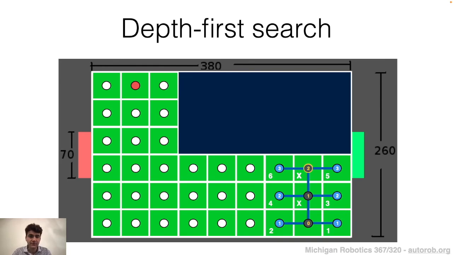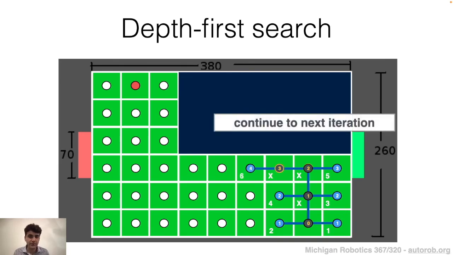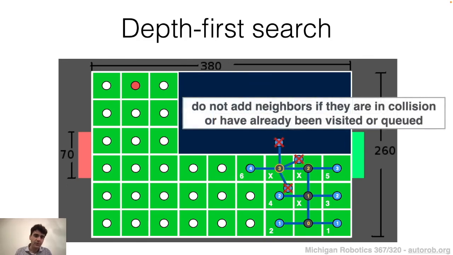We would then visit that node and continue on to the next iteration, where again the adjacent neighbors of that node would be added to this growing visit list, but with the caveat that any of the neighbors of the currently visited node that are either in collision or have already been visited or queued in the visit list would not be added or duplicated a second time.